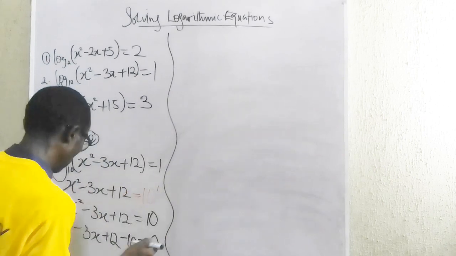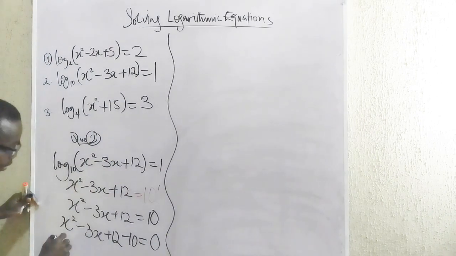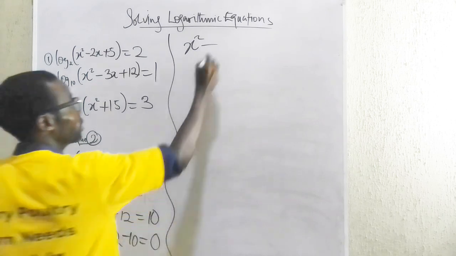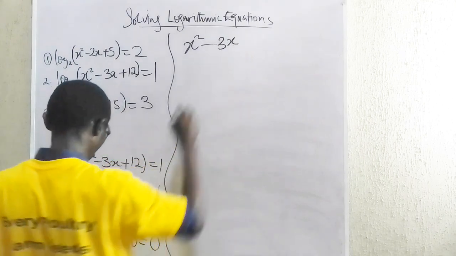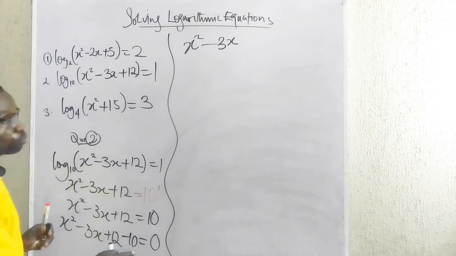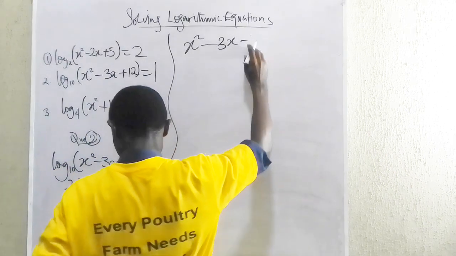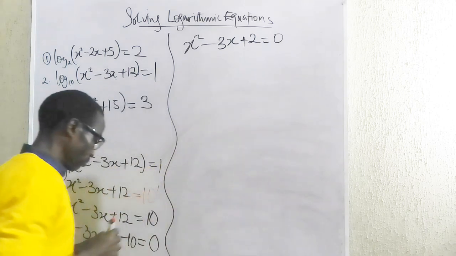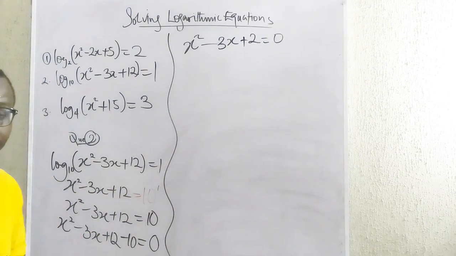So this is going to be x squared minus 3x, and then 12 minus 10. 12 minus 10 is what? 2. So x squared minus 3x plus 2 is equal to 0.